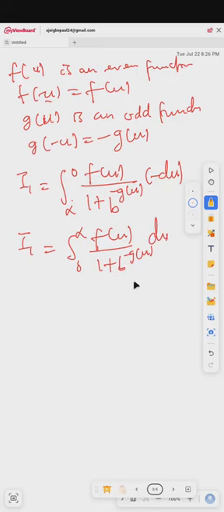The next thing we are going to do is factorize b raised to the power of g of u out from the denominator.